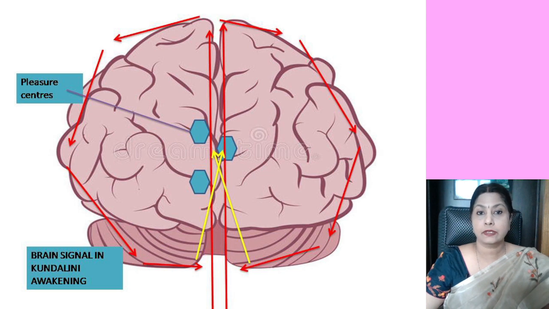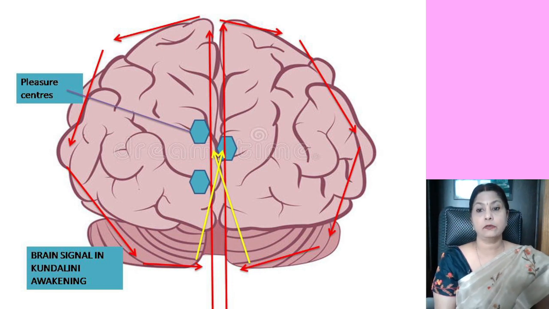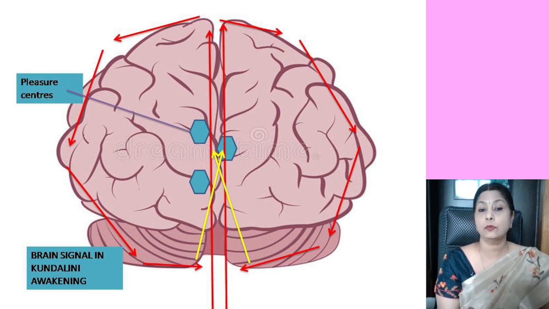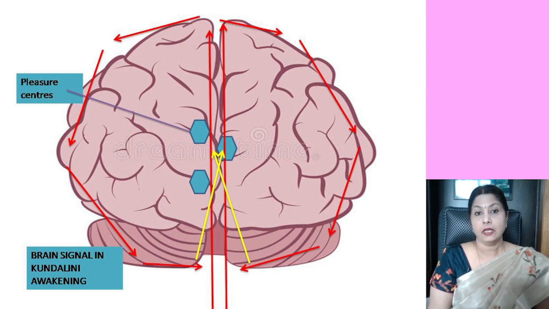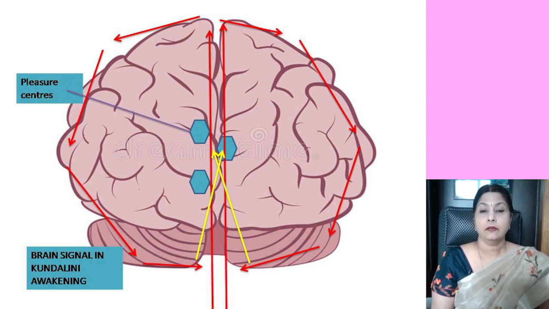The red arrows represent how the brain signals are moving within our brain after the energy rises up the Sushumna central channel and moves into the brain, opening a lot of centers inside the brain. If you look at the picture closely here, you can see that the signal is moving to the central area, and then it is moving around the right brain and the left brain.